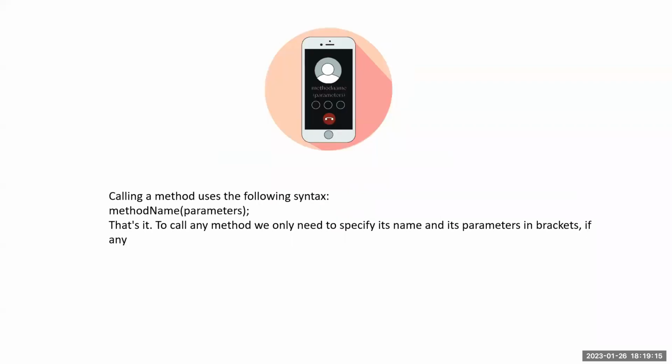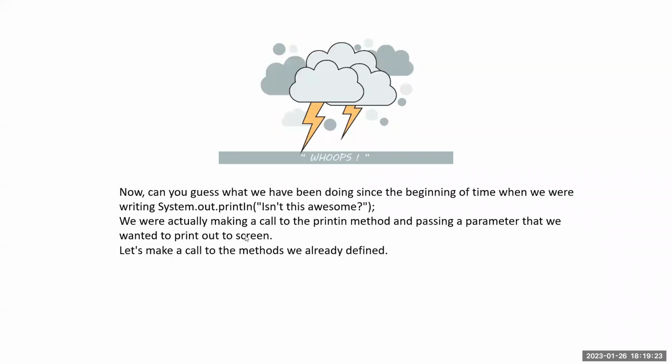I just mentioned very simple things, the parameters, you have to pass within the parentheses. I was just talking about the same thing, right? The println method. You are passing something as a parameter to that.